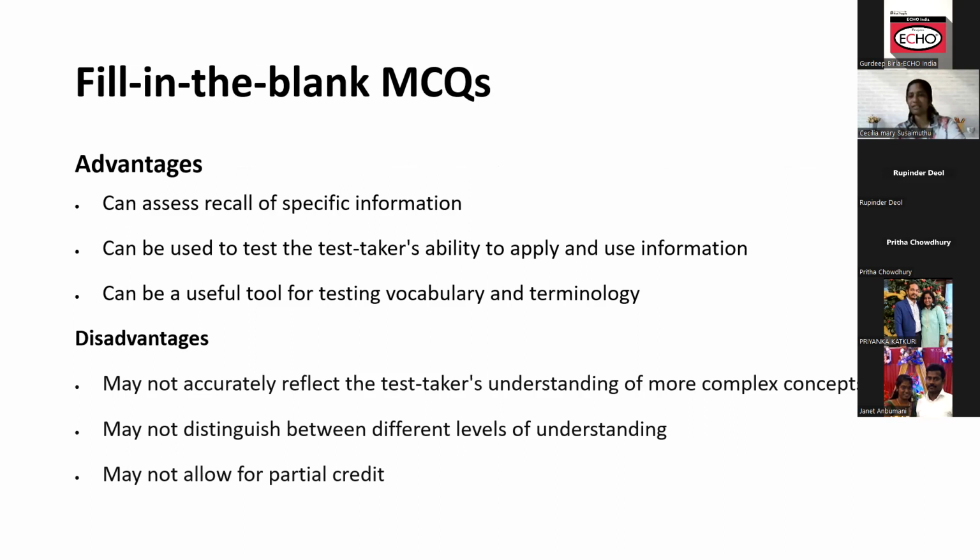Only when the correct answer is written. For example, gentian violet applied for oral thrush: the concentration of gentian violet to be applied for oral thrush is dash, 0.25, 5%, or 2.5%. If the student knows it correctly, the student will get the mark. Otherwise, it is wrong.